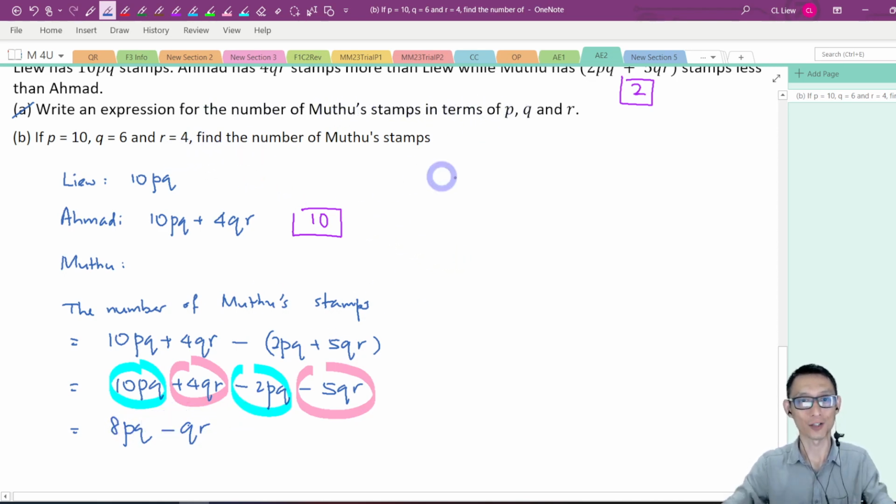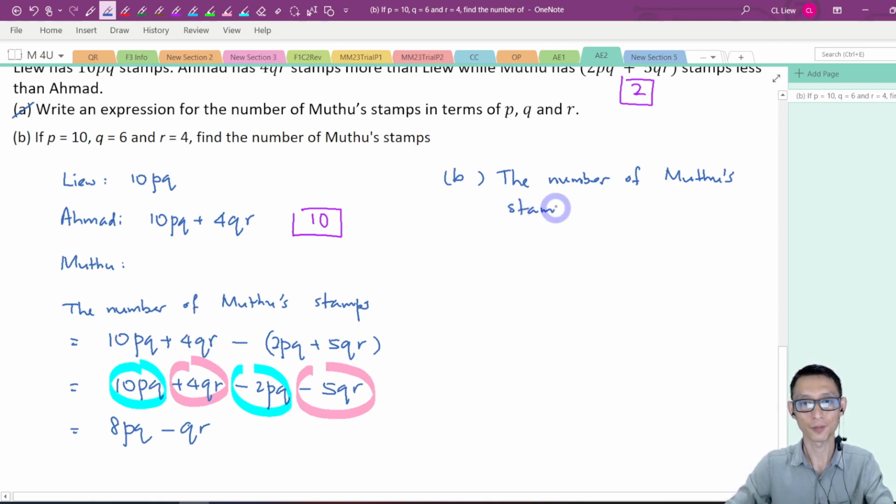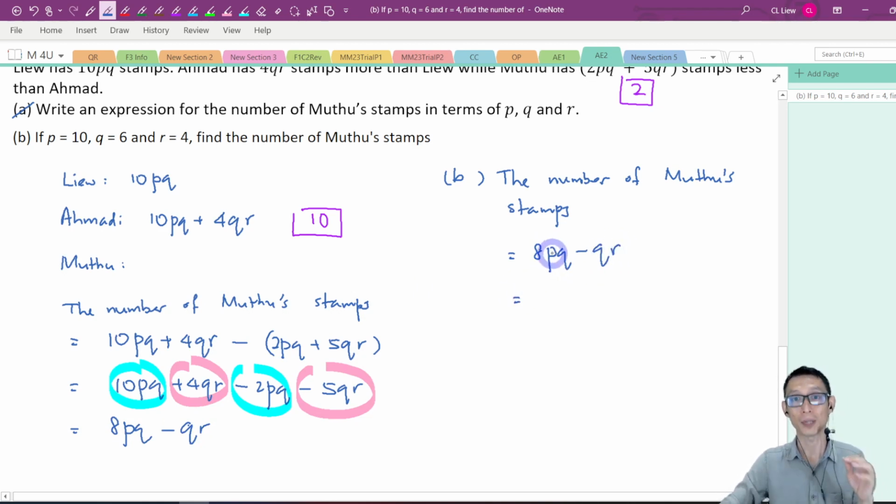Now let's go to the last part, part B. If P is equal to 10, Q is equal to 6, and R is equal to 4, find the number of Mutu stamps. This one is actually very easy. We got it just now in terms of P, Q, and R. Let me copy this one first: 8PQ minus QR. The next step, I'm going to replace P, Q, and R with the values given here.